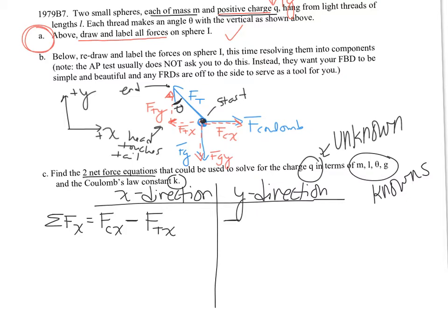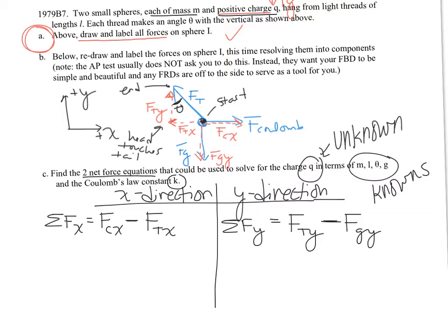In the y direction, my sum of forces are the y component of my force of tension, and that points up, so that's positive. And the y component of gravity, which happens to be the entire force of gravity, and that points down, so I put a negative there.